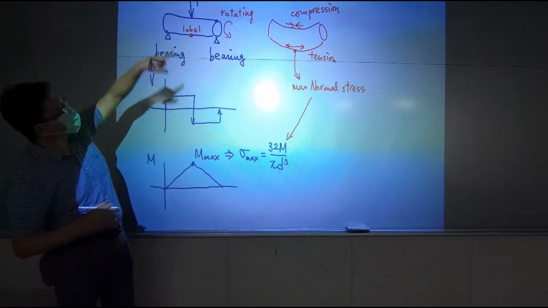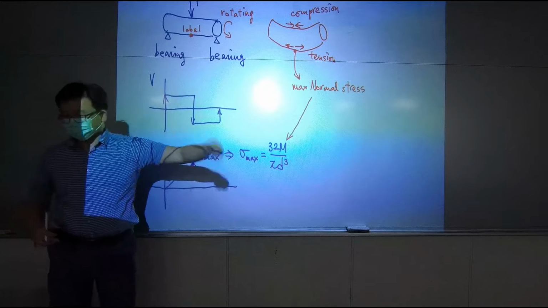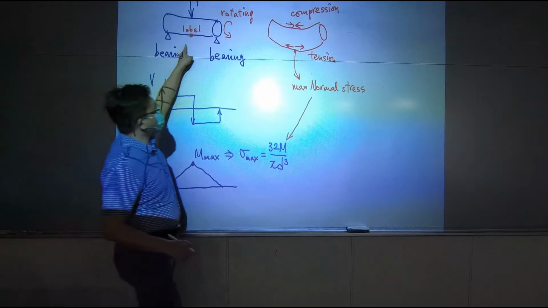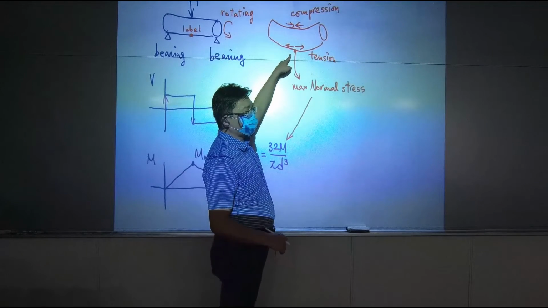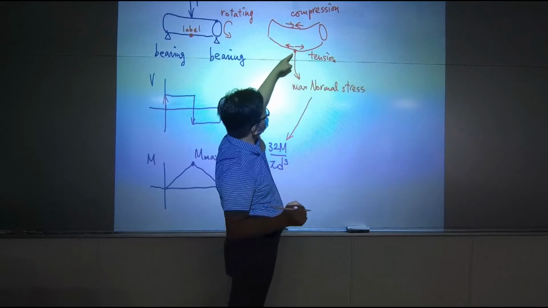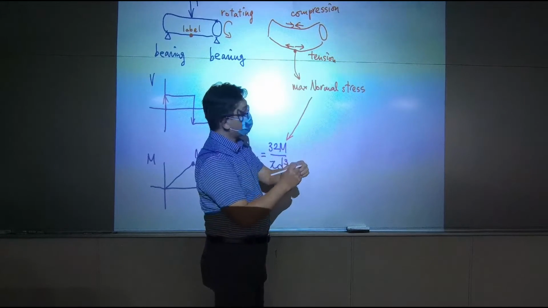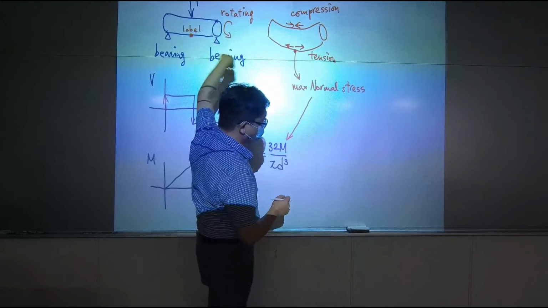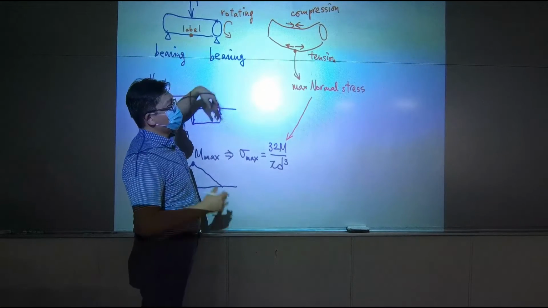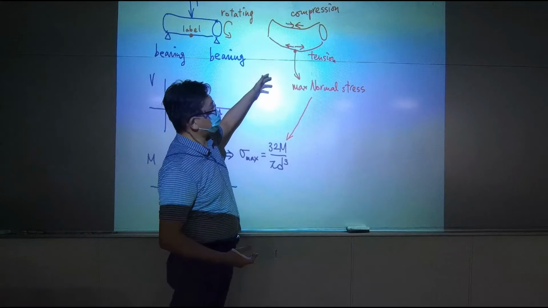Because this is rotating, the label rotates as well. Okay? And when the label rotates to the bottom, it's under tension. When the label rotates to the top, it's under compression. So if you keep on rotating, this position at the label is under a varying loading condition.